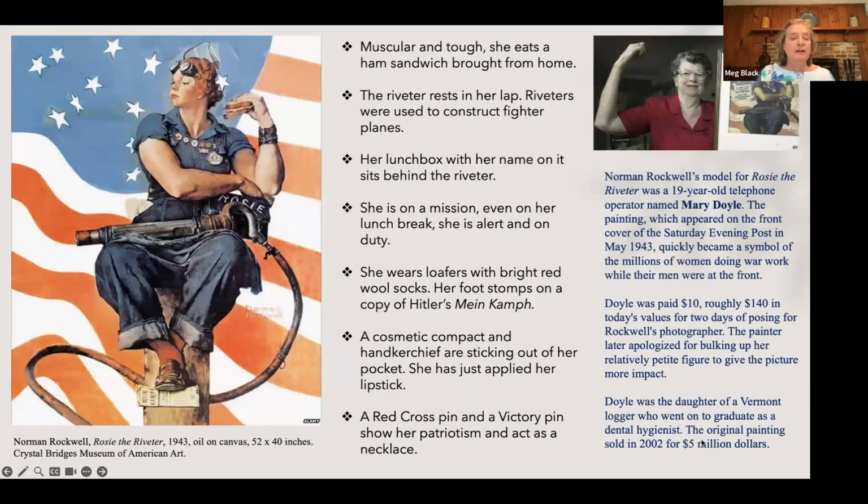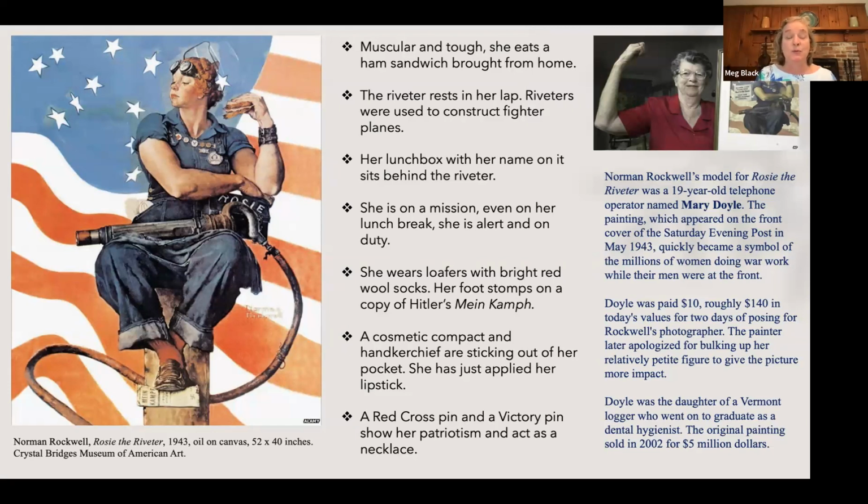So very famously, a year later, 1943, we have Norman Rockwell, Rosie the Riveter. And this is one of those famous and favorite ones that I'm sure you recognize on some level. But here's Rosie, who at the time, actually, her name was Mary Doyle, and she was only 19 years old.